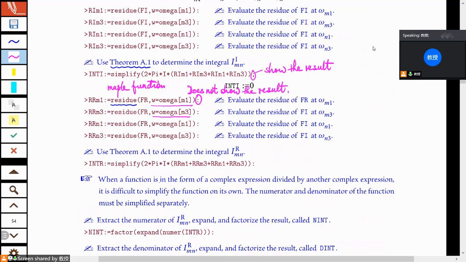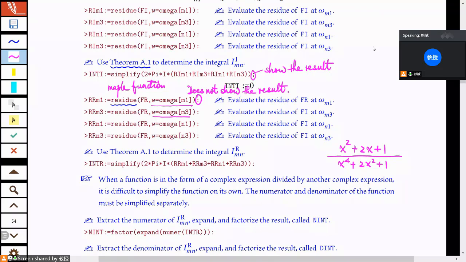Usually when a function is in the form of a complex expression divided by another complex expression, it is difficult to simplify the function on its own. The numerator and the denominator of the function must be simplified separately. For example, if you have x squared plus 2x plus 1 over x to the fourth plus 2x squared plus 1, Maple does not know how to simplify this.